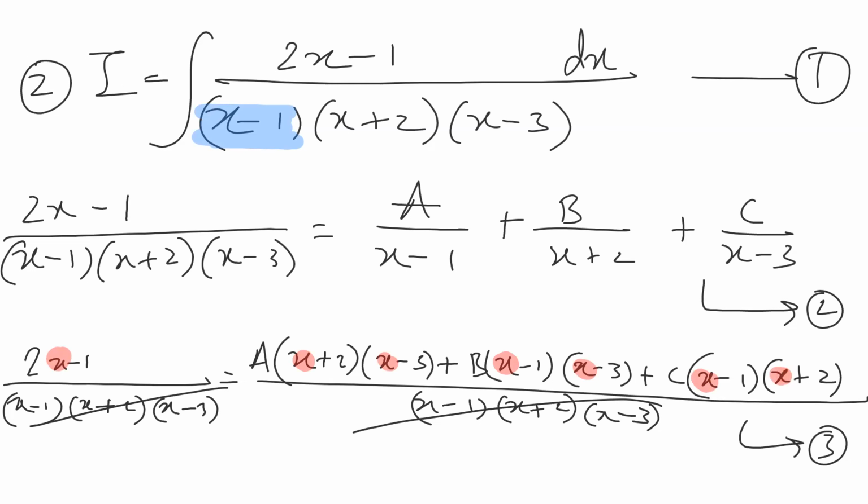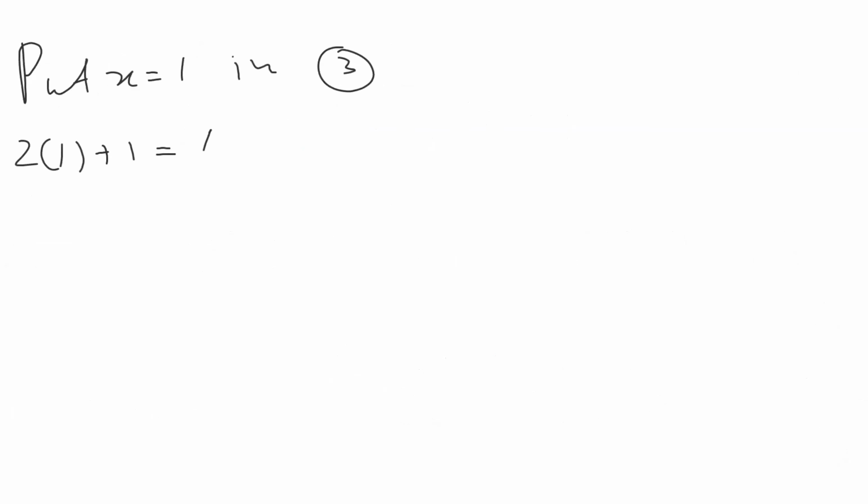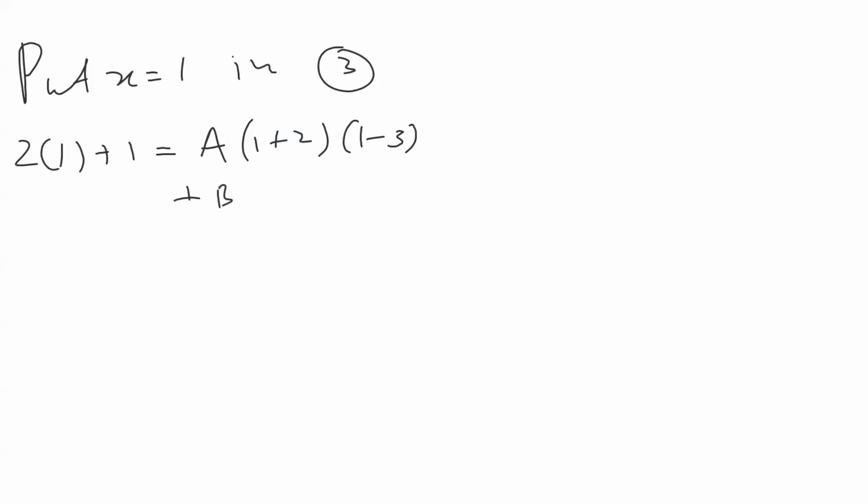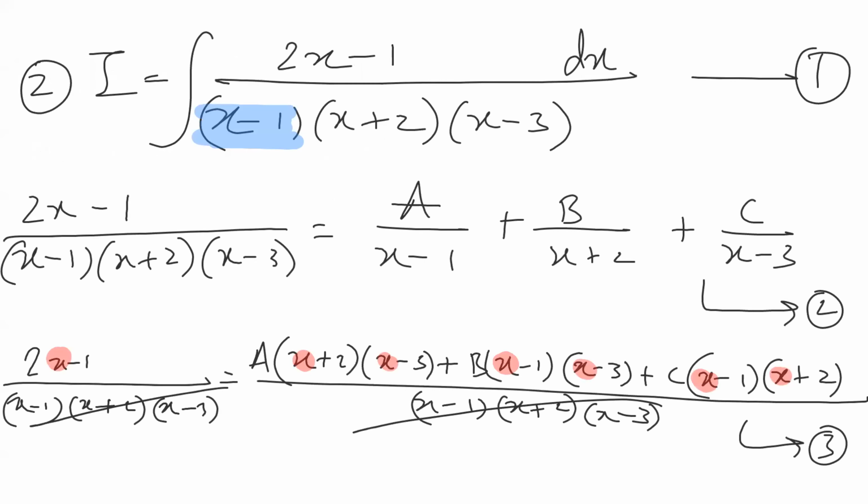So a into 1 plus 2, 1 minus 3, plus b into 1 minus 1, 1 minus 3, plus c into 1 minus 1, 1 plus 2.